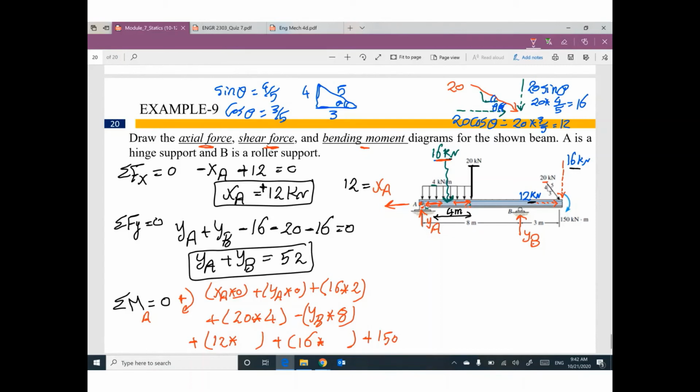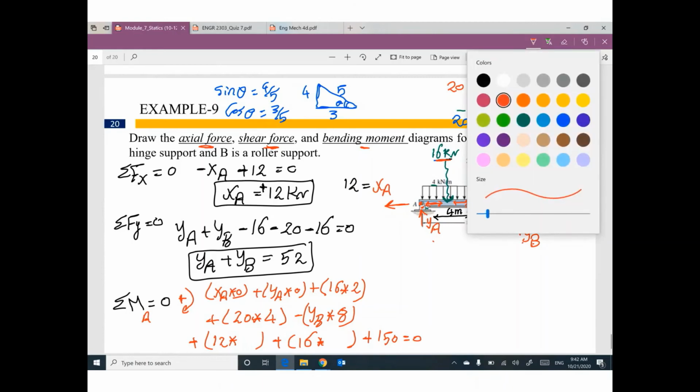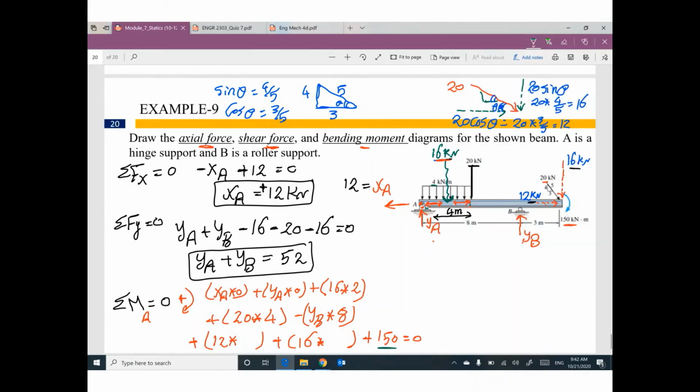We have concentrated moment at the end. Do you think this moment will need the distance? No. 150 does not need distance because it's a moment. I believe 16 will be multiplied by 11.